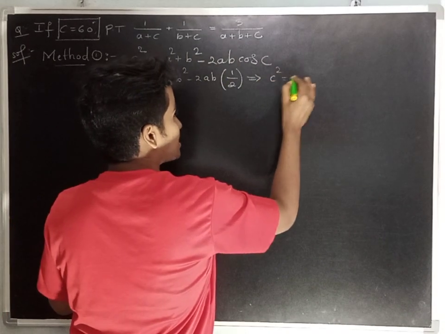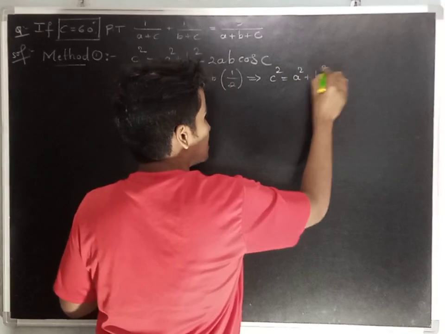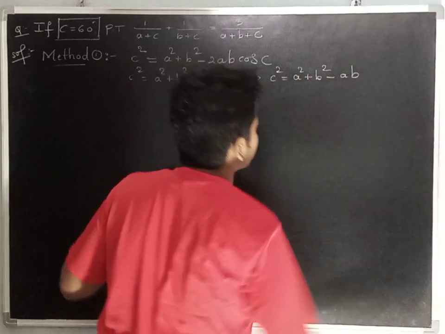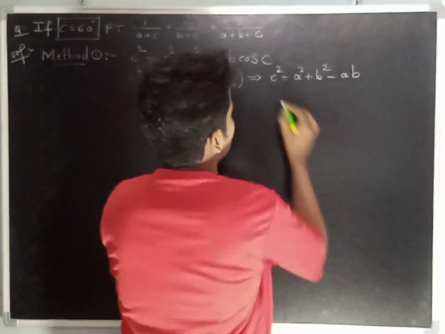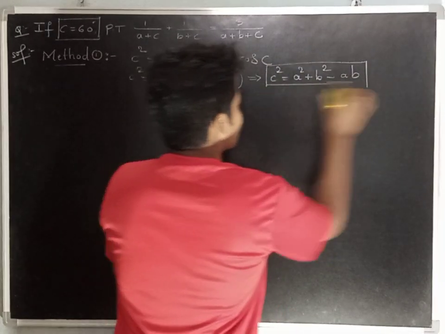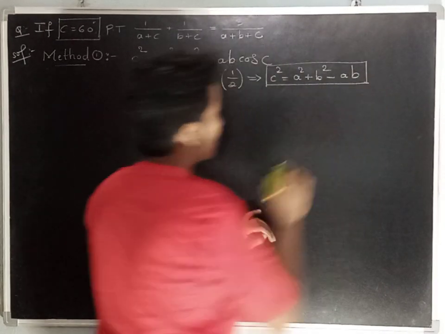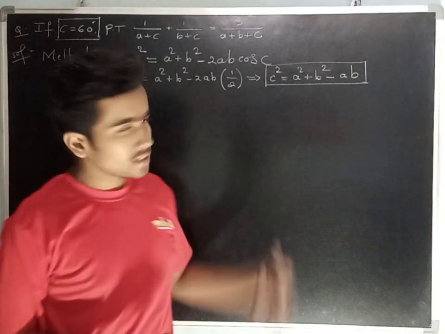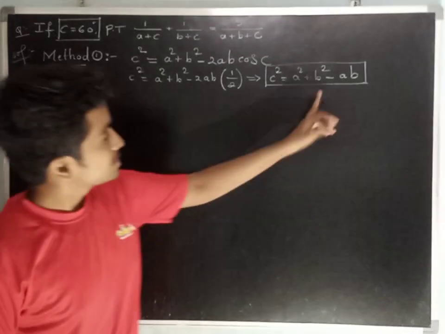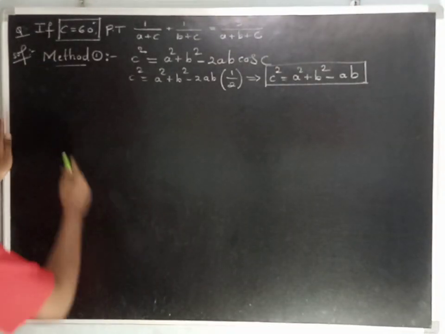It means C square is equal to A square plus B square minus AB. This is going to play an important part in solving the problem. It's like a hint.